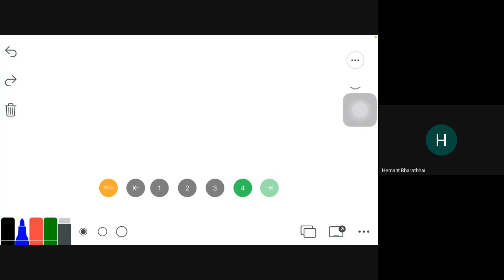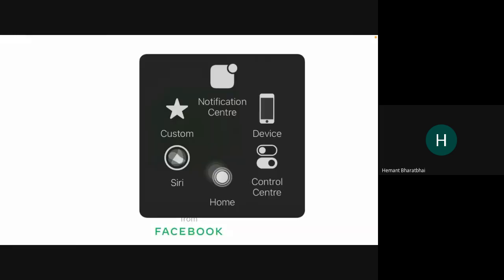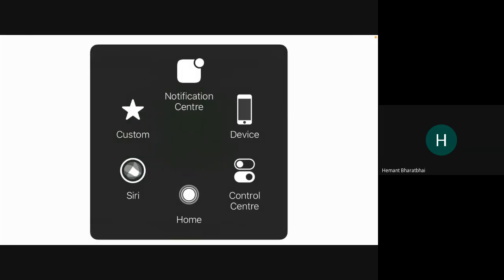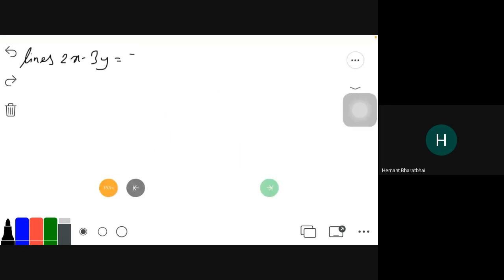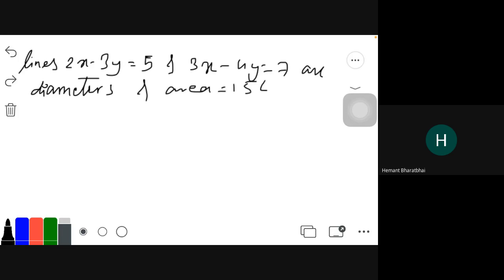Let's do the next numerical. It is given that the lines 2x minus 3y equals 5 and 3x minus 4y equals 7 are diameters of a circle, and the area of the circle is 154 units.